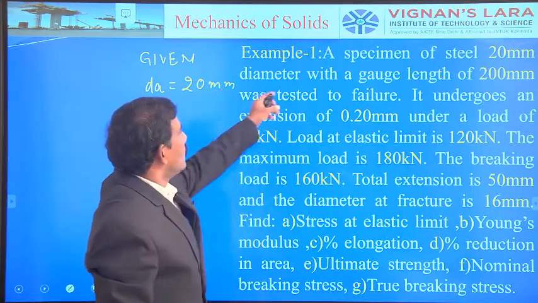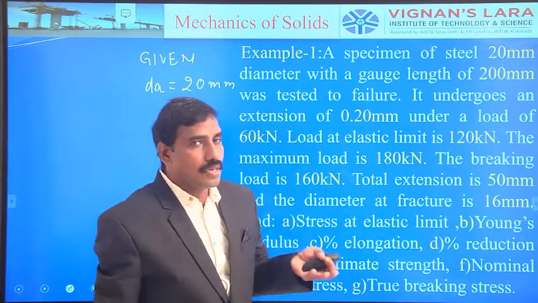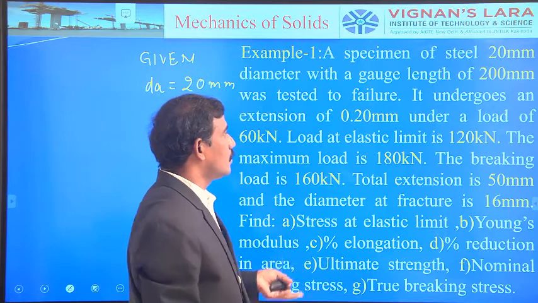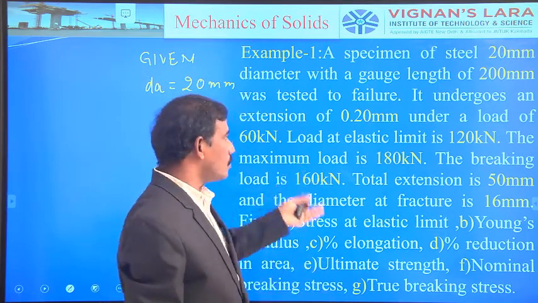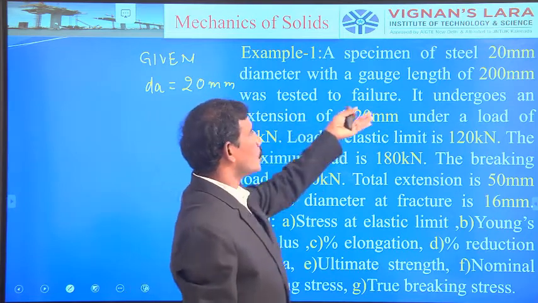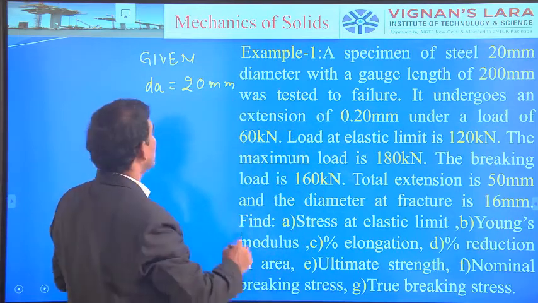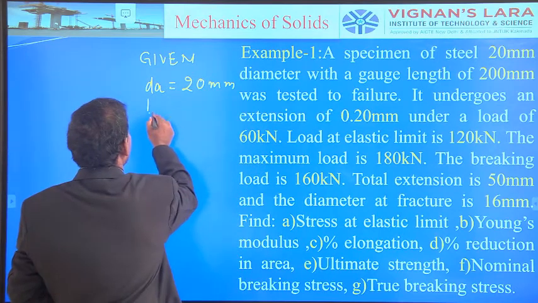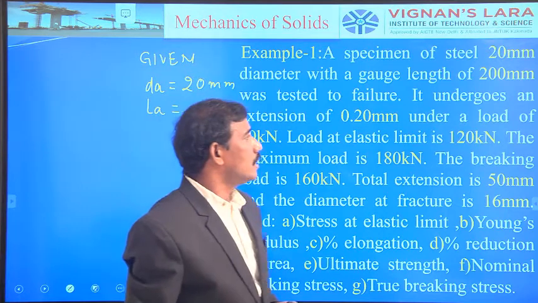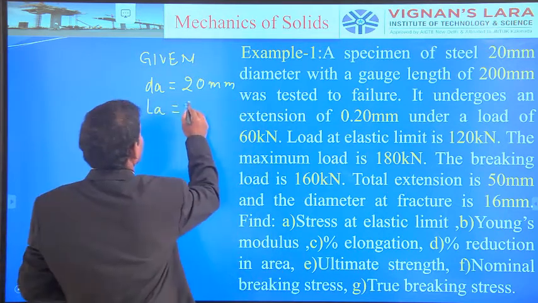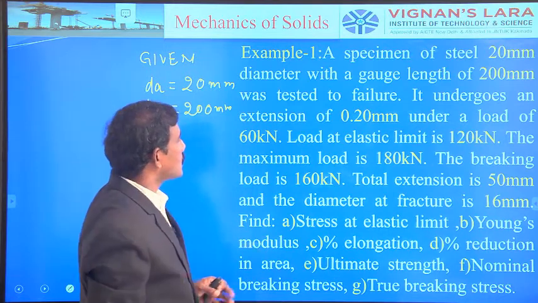Before conducting the experiment on any material in a tensile testing machine, we have to measure the dimensions of the geometry. The first is the actual diameter. The second is the actual length of the specimen, which is 200 mm.